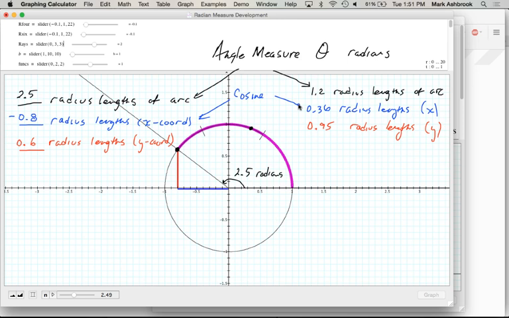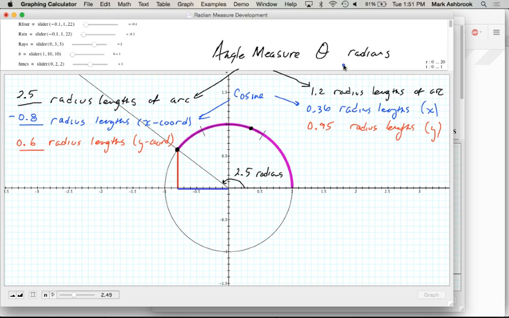Now, cosine is a function that acts on the angle. The independent variable of cosine is the angle measure, and the dependent variable is the x-coordinate. So cosine takes an angle measure. That's why we did the angle measure first. And it returns to you the corresponding x-coordinate.